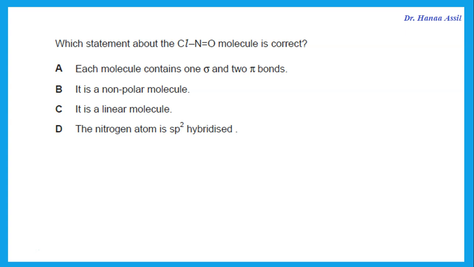It is a non-polar molecule? No, actually, this molecule is polar. It has electronegative elements, and it would have polarity since oxygen and chlorine are polar, and nitrogen also has a lone pair of electrons. So the molecule would be polar.